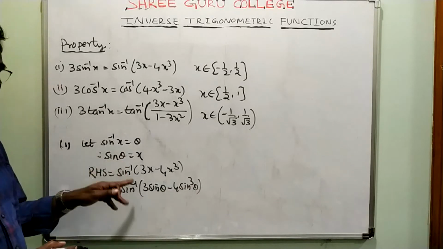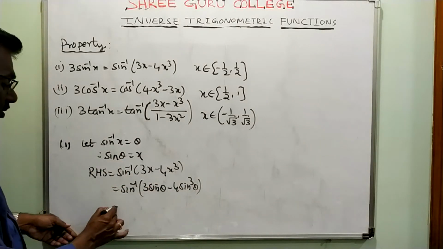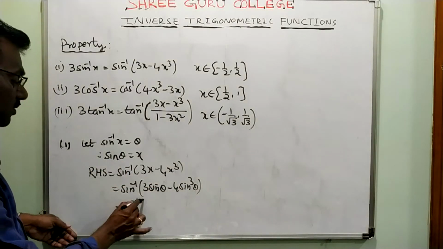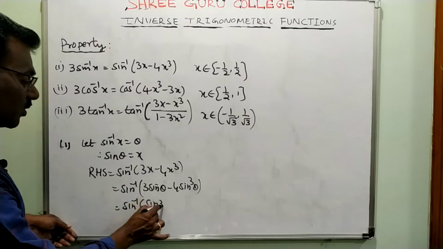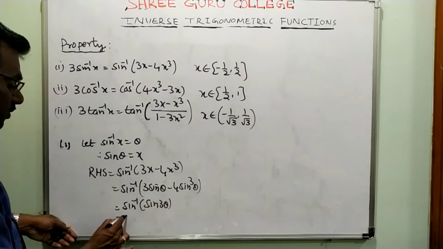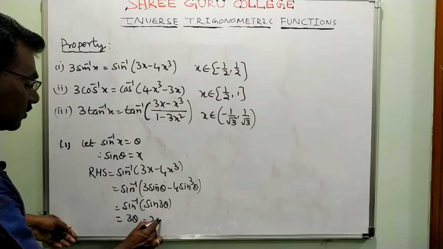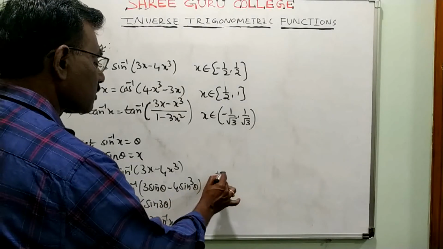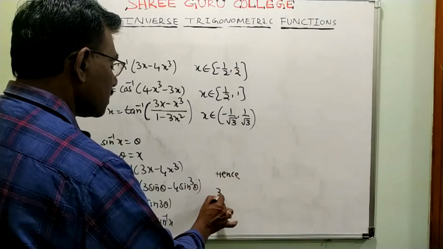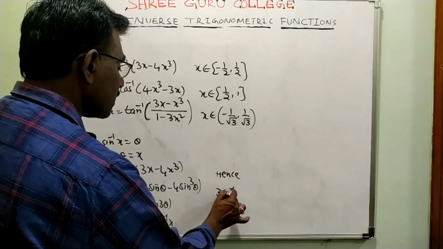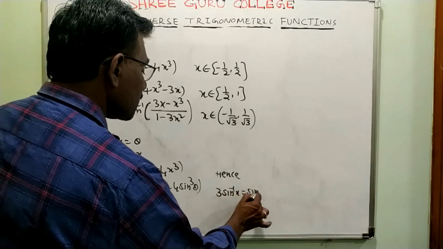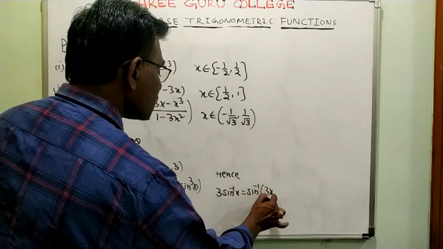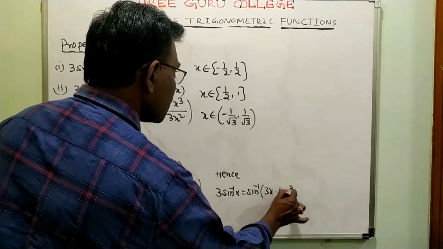What is the sin inverse of this? It is sin 3 theta, by the 3 theta formula, so equal to 3 theta. What is theta? It is sin inverse of x. Hence 3 into sin inverse of x equals sin inverse of 3x minus 4x cube.